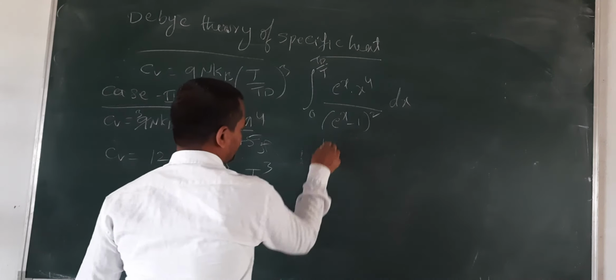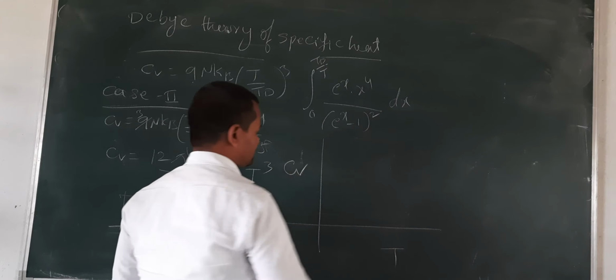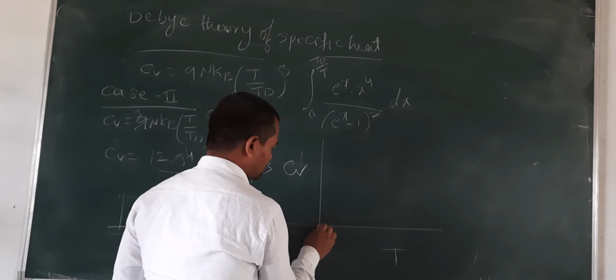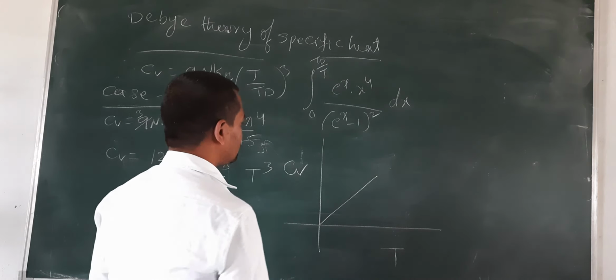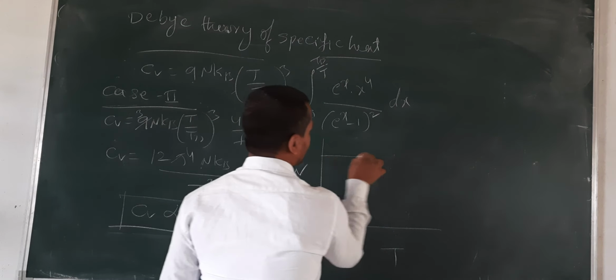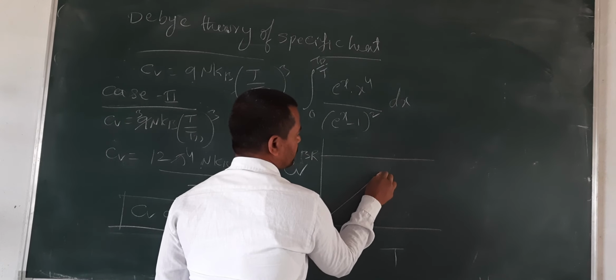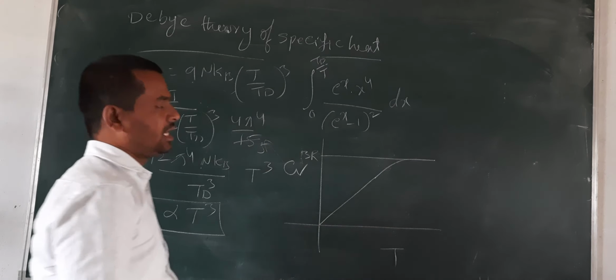Now see the graph, temperature and specific heat. It is directly proportional, so you get a curve like this, and at higher temperature it is 3R. It follows this up to here and later cannot change.